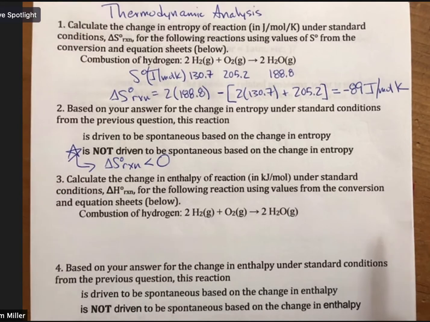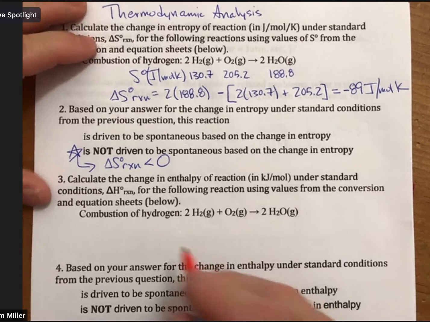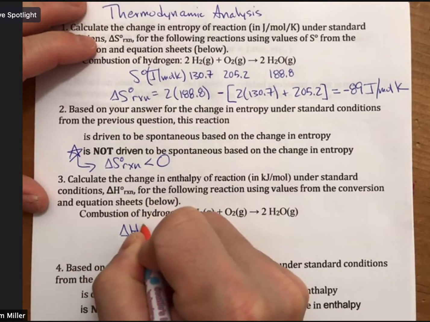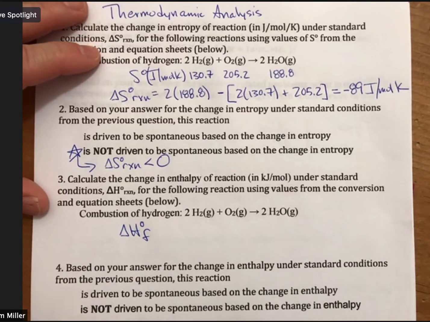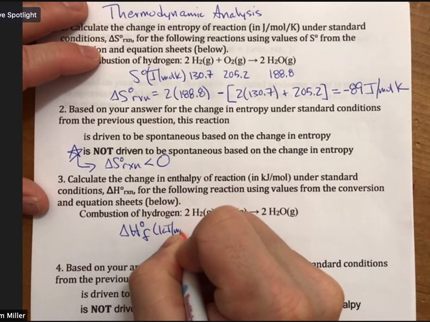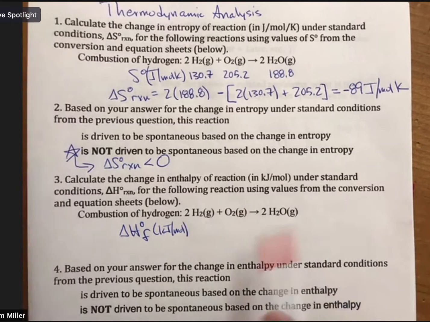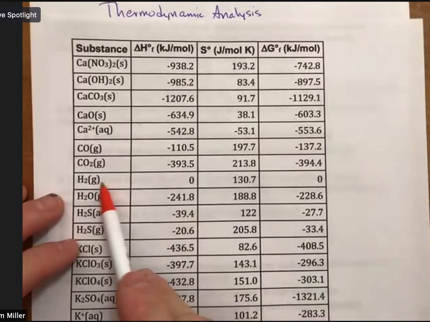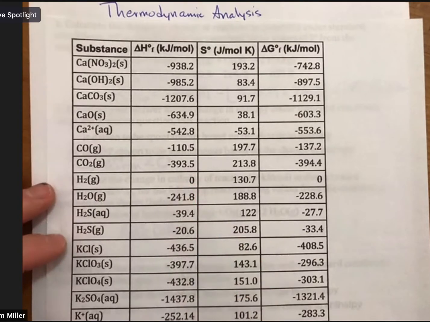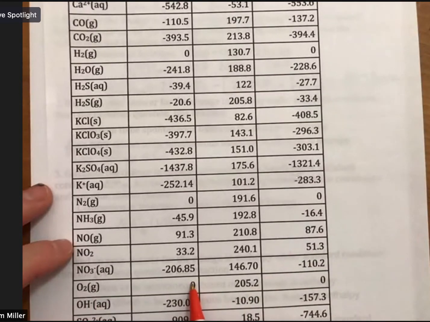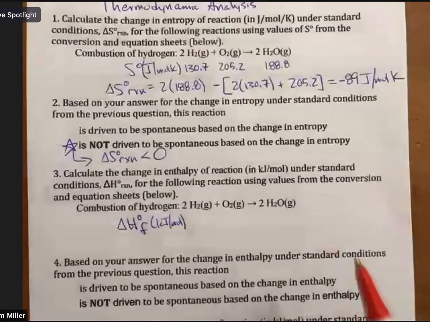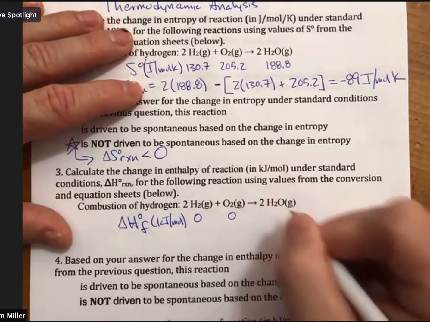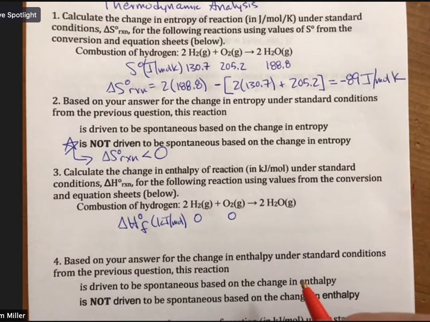Okay. Well, from here we just rinse and repeat, if you will, except now we're going to do it for delta H of formation. And we look up the delta H values. Now hydrogen has delta H 0. Oxygen has delta H 0 as well. These are the lowest energy forms, or the lowest enthalpy forms of these elements. So mathematically not too bad for this part. And then H2O gas minus 241.8.